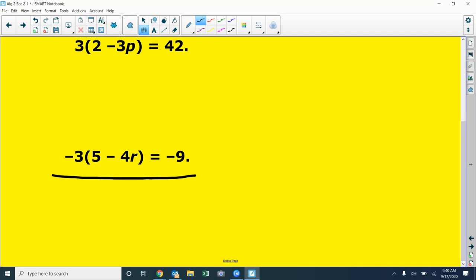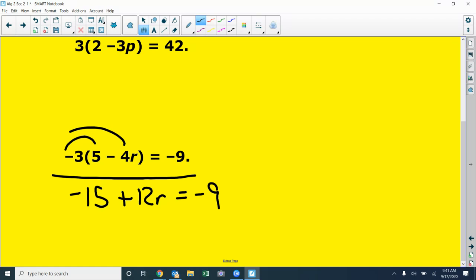Distribute, watch your negatives. We're gonna get negative 15, that's gonna become plus 12R is equal to 9. Now don't distribute it to that 9, it's only these guys right here, hopefully we do that.